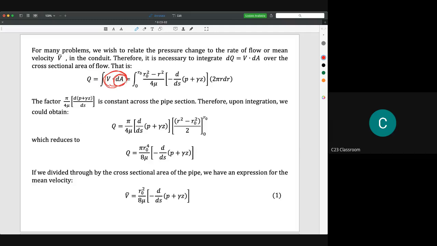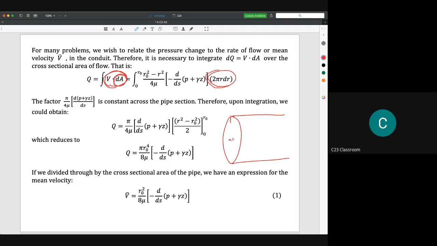But in Poiseuille flow we assume that our element is in circular, cylinder shape. So we use dA here, and dA is 2 pi r dr. I hope you can understand 2 pi r dr because we have a cylinder like this one.